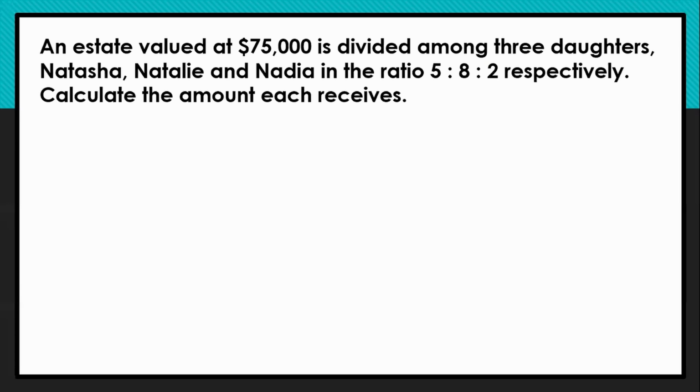So Natasha's ratio is 5, Natalie's ratio is 8, and Nadia's ratio is 2, meaning Natasha received 5 parts of the $75,000. Natalie received 8 parts of the $75,000, and Nadia received 2 parts of the $75,000. You may pause the video at this time and answer this question.